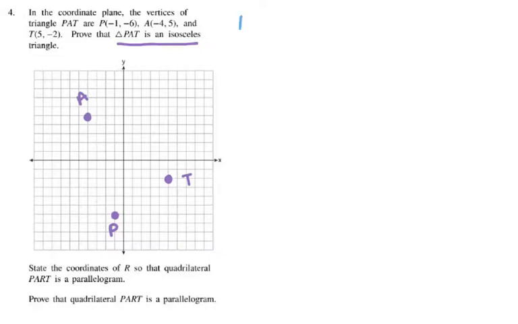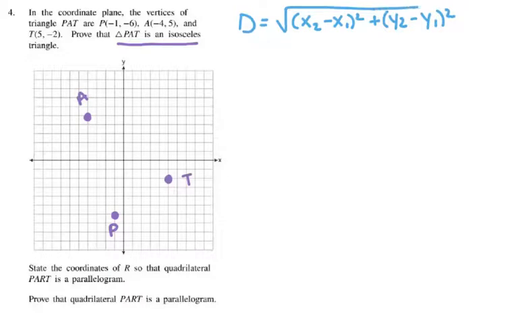My distance formula is D is equal to the square root of x2 minus x1 squared plus y2 minus y1 squared. This is one of the must-memorize formulas that we have. The first distance I'm going to find is the measurement of length PA.